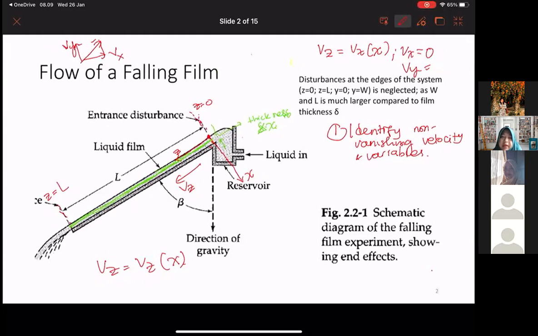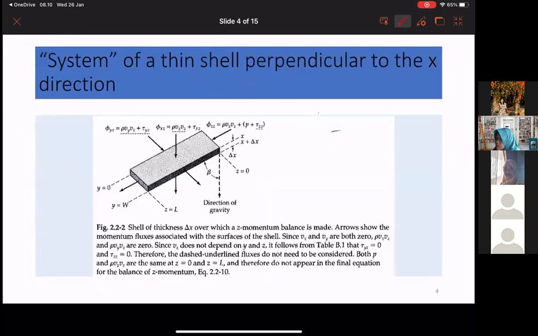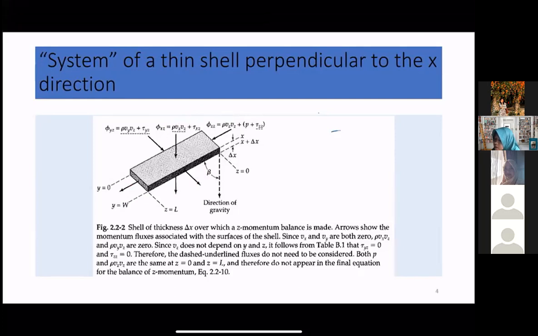So we've done that. And then the second one, we have to write the momentum balance. Okay, so this is the one that we have to write.